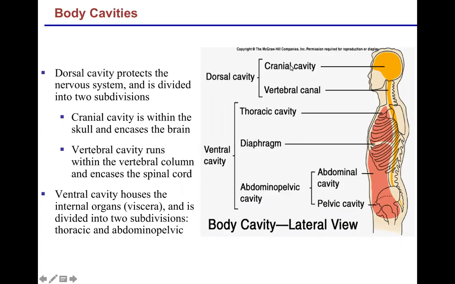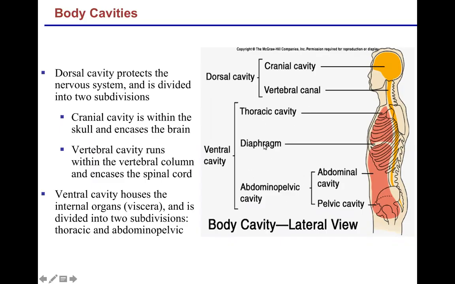The dorsal cavity houses two major things. One is known as the cranial cavity, the other is known as the vertebral cavity. The ventral cavity in turn is divided into two major parts. One is the thoracic cavity, as you can see in here, and the other is the abdominopelvic cavity.